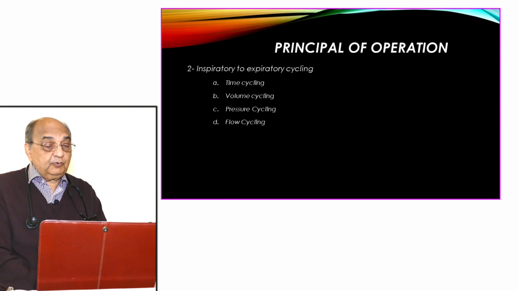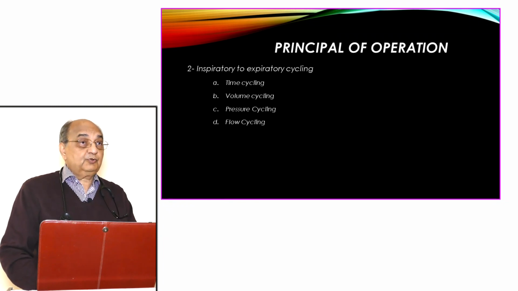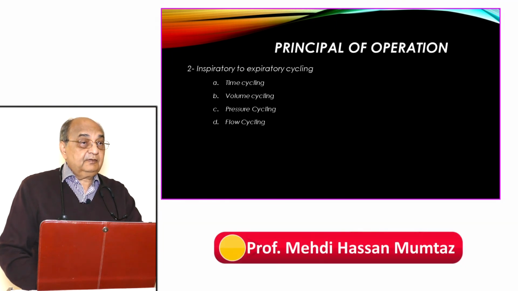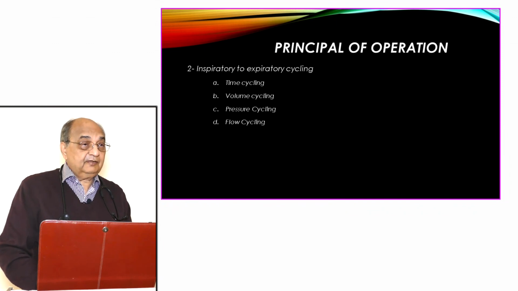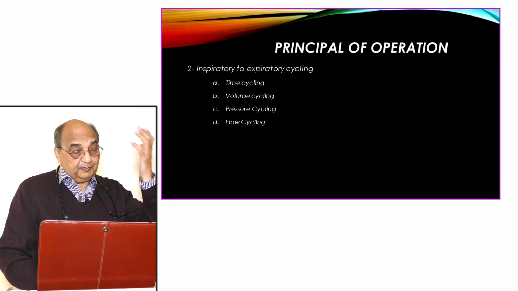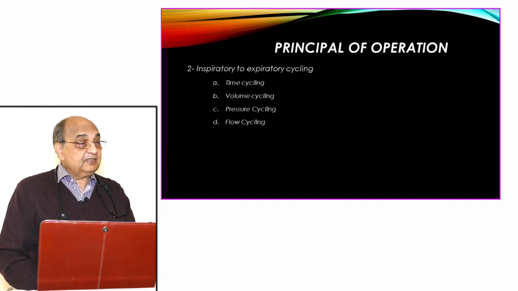Then inspiratory to expiratory cycling. It could be time cycling. You set the time so that after a certain number of seconds the inspiration should stop and the expiration should start. Or it could be volume cycling. If a predetermined volume has gone into the lung, then the inspiration automatically stops and the expiration starts. Or it could be pressure cycling.